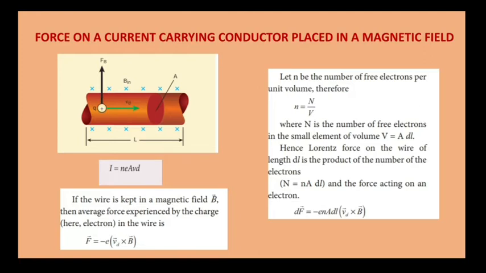So capital N is equal to n A dl, and the force acting on an electron, so a very small amount of force, dF is equal to minus e n A dl into Vd into B.